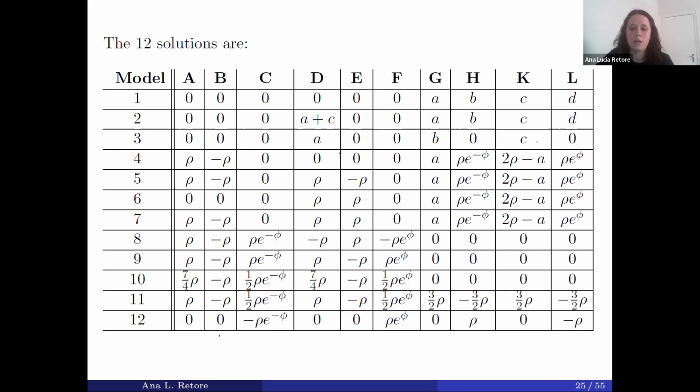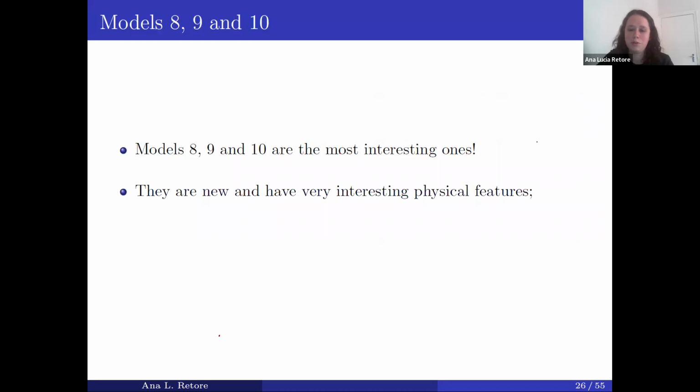And then these 8, 9, 10 we are quite curious to do Bethe-Ansatz. We didn't do it yet, but we are quite curious to solve them and see what happens, because, as I was saying, they have this GHKL equal to 0.